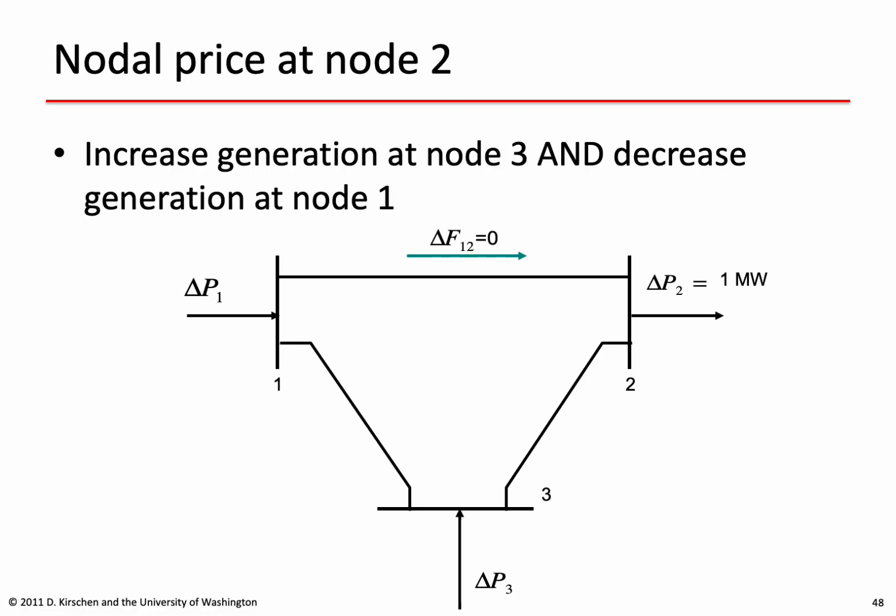So let's try to be a bit formal about this. What we want to achieve is a delta P2 of 1 megawatt at bus 2. And we want to achieve it by having a delta P1 at bus 1 and a delta P3 at bus 3. But overall, we want a delta F12 that is equal to 0. We want to keep the flow on line 1, 2 at exactly its upper limit.